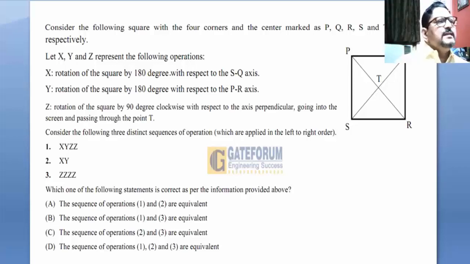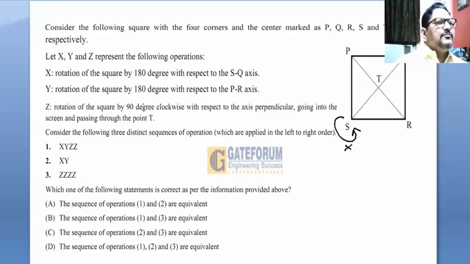So X, Y, Z, let them represent the following operations. What does operation X mean? Rotation of the square by 180 degrees with respect to the SQ axis. It is very difficult to show in two dimensions. It means you move it like this, 180 degrees. So that is operation X.